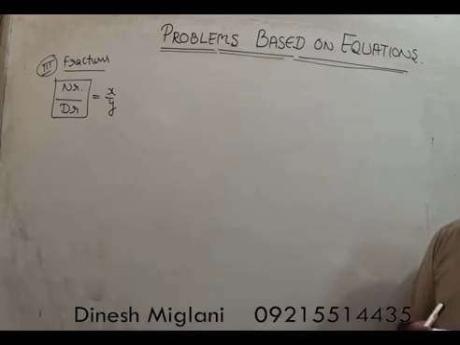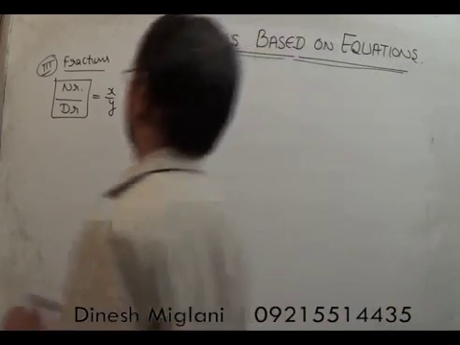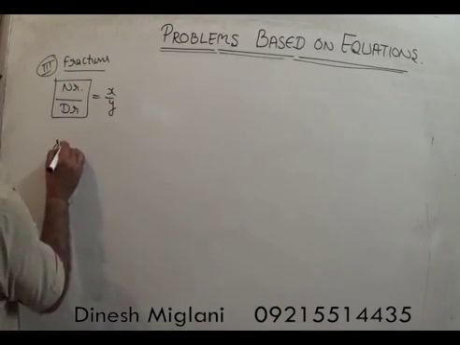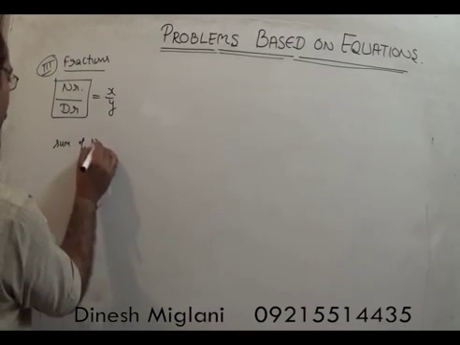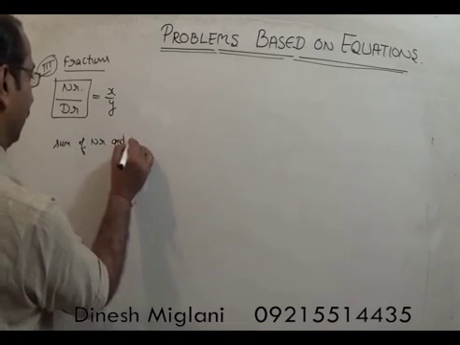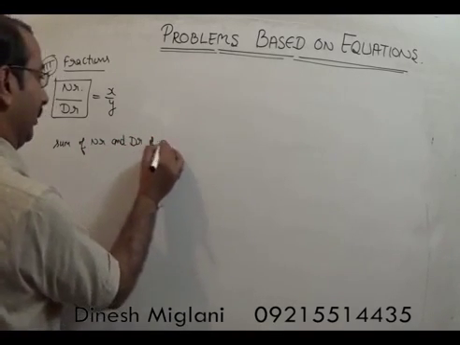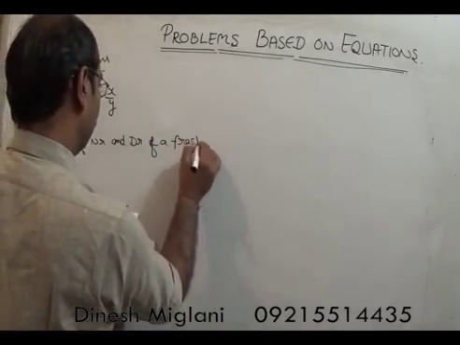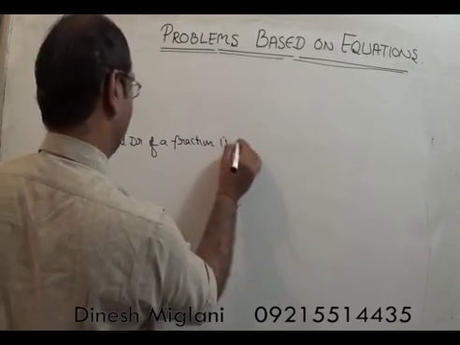The question is, it is given that the sum of the numerator and denominator of a fraction is 22.